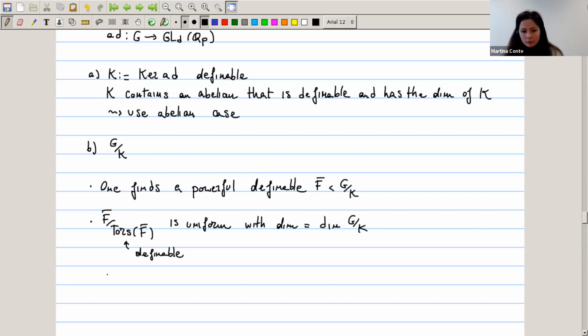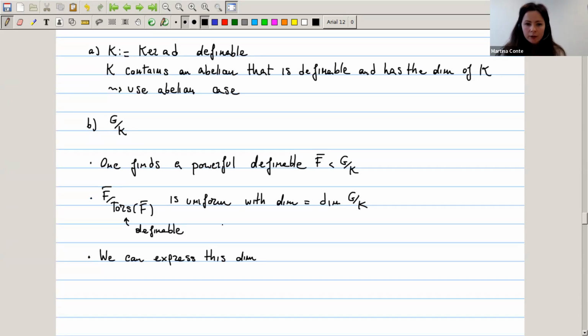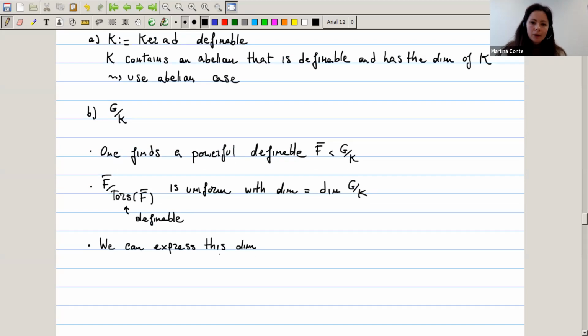And moreover, we can express the dimension of uniform groups. And this is because for uniform groups, again, the dimension is equal to the minimal number of generators. And as I said before, we have a sentence for the minimal number of generators of a finitely generated pro-p group. And so we can do this.